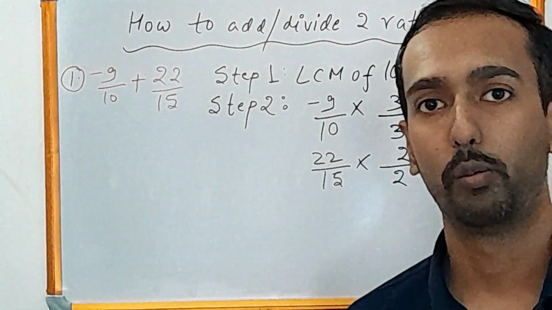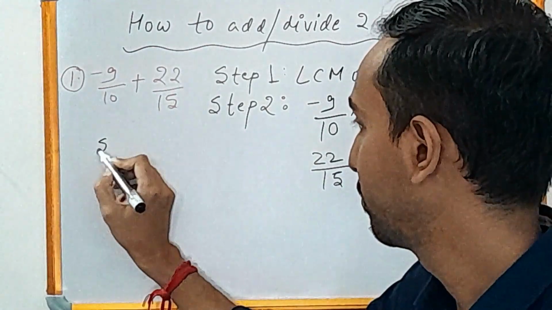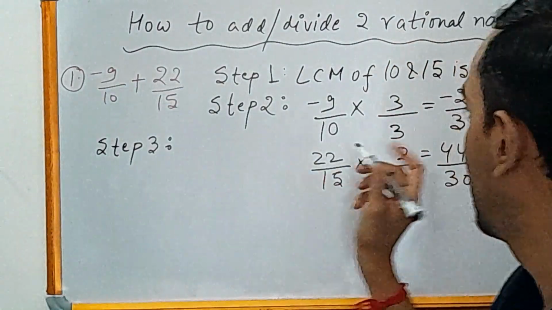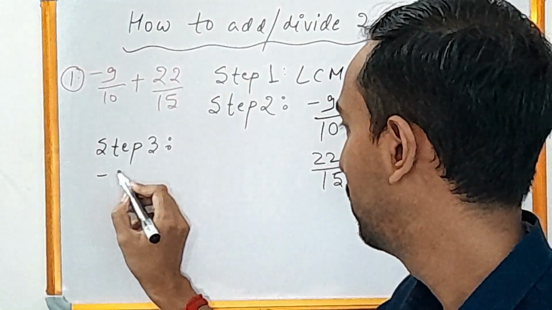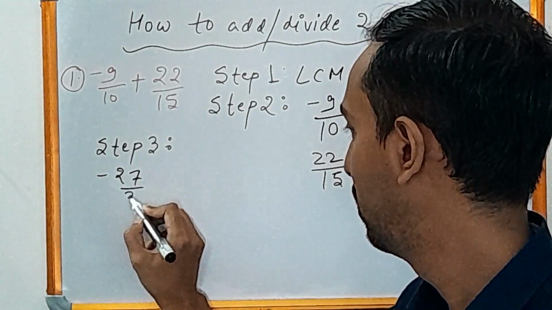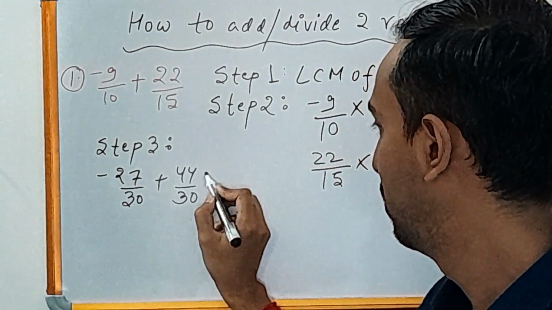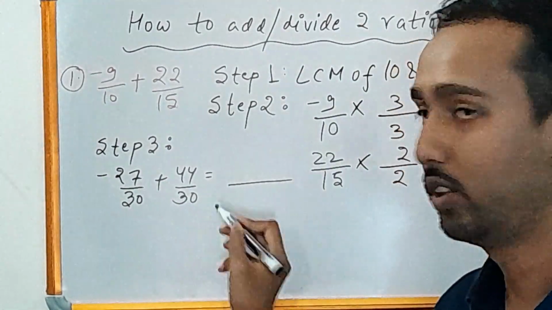So our final step will be to perform the operation of addition with these two rational numbers. So we add -27 by 30 and 42 by 30. So see, the denominators are equal.